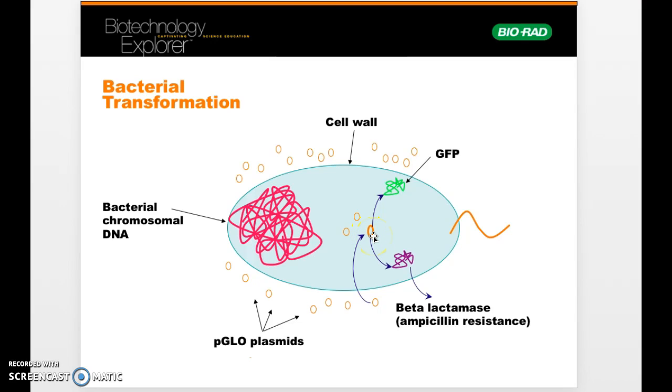And we're going to see which bacteria takes in the plasmid by putting the bacteria onto the plate with ampicillin. So if the bacteria does grow, that means the plasmid has been taken in by the bacteria. So this plasmid itself can make the ampicillin resistance gene, and it can make the GFP gene at the same time.